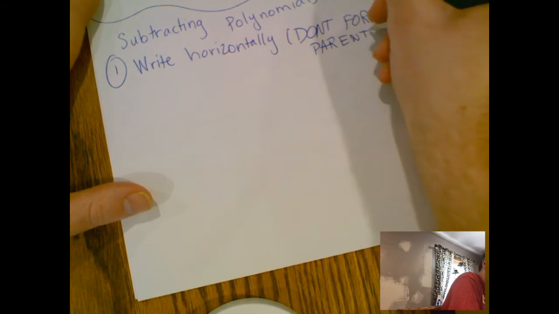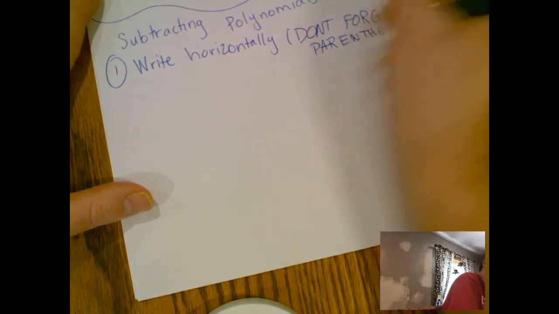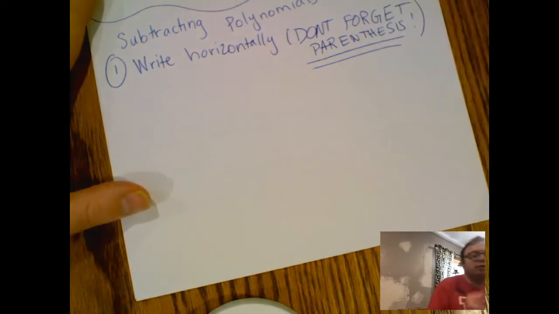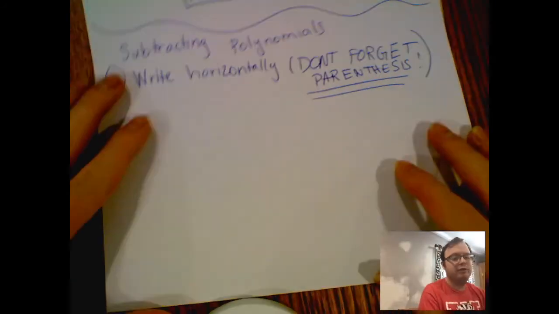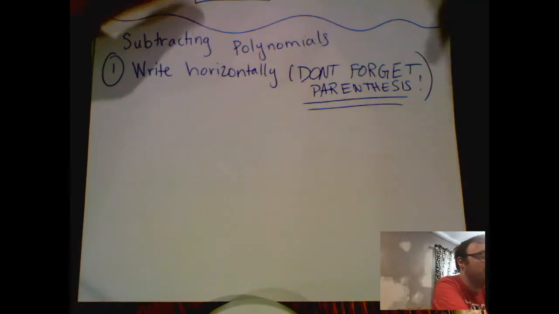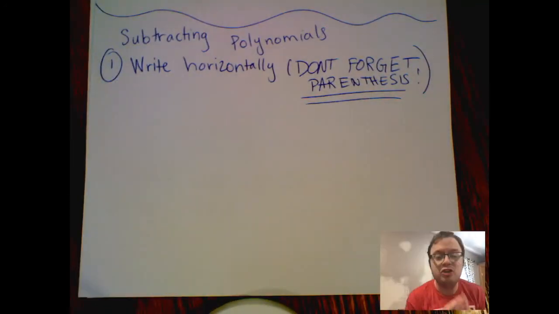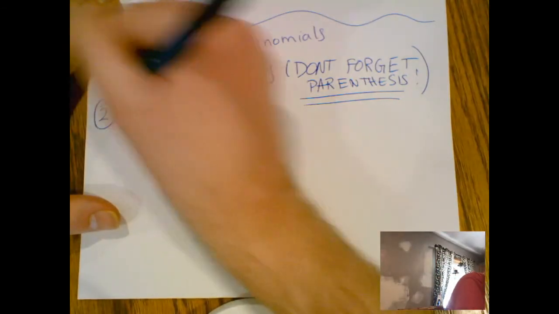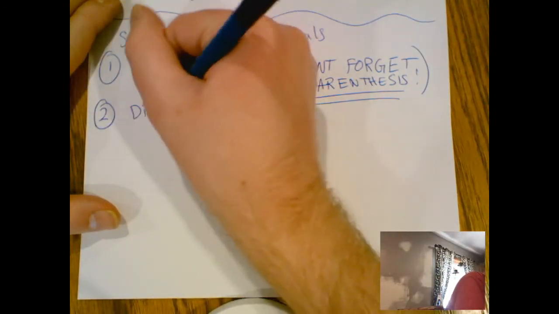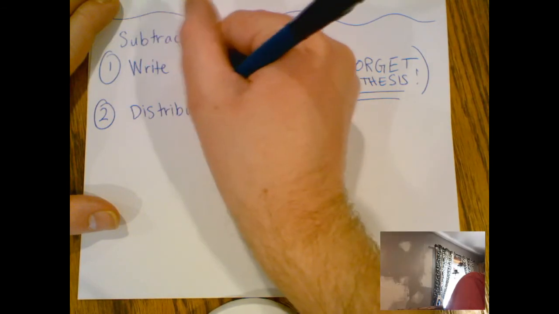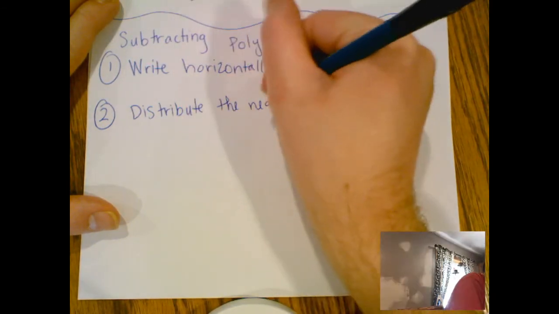I'm going to write this big because it's such an important topic. Don't forget to write your parentheses. Do not forget to do that. That is such a huge part of this section, is make sure when you write these horizontally that you also write the parentheses to distinguish when does one function end and when does the next one begin. Because when you're subtracting an entire polynomial, you are going to have to move to step 2, and you're going to have to distribute the negative sign.